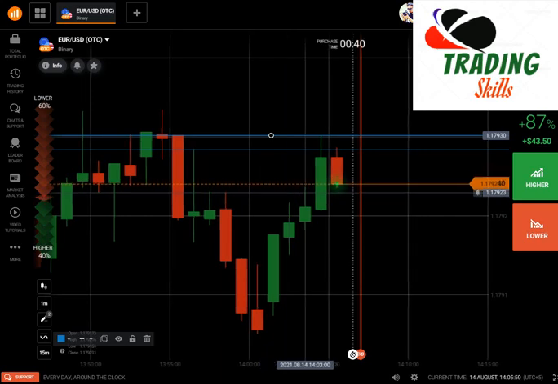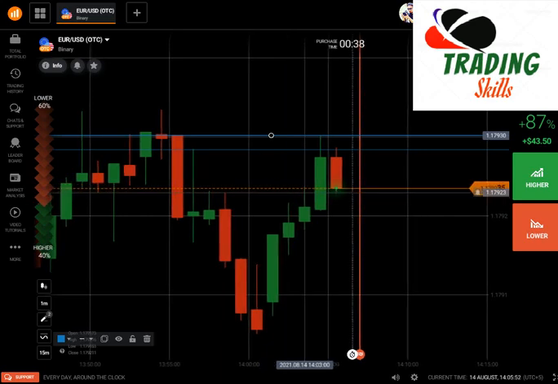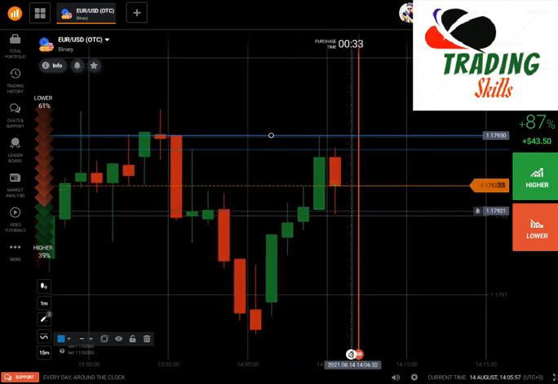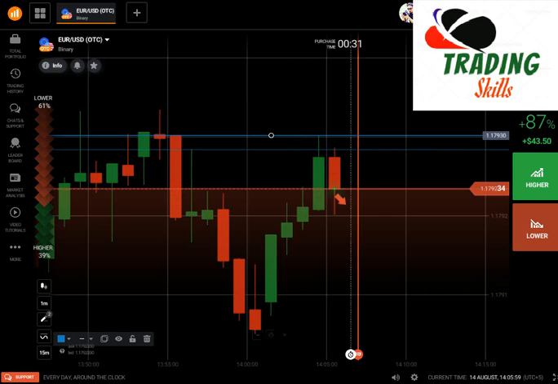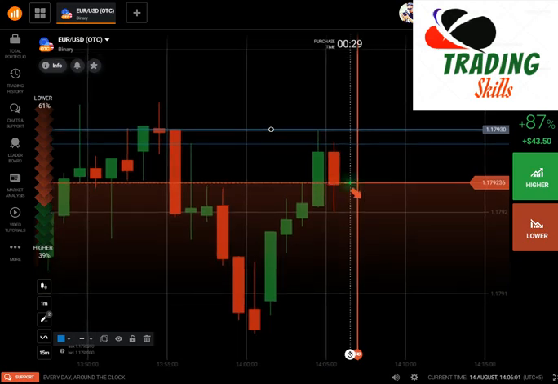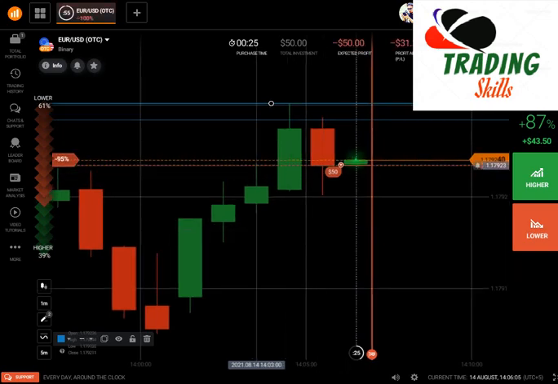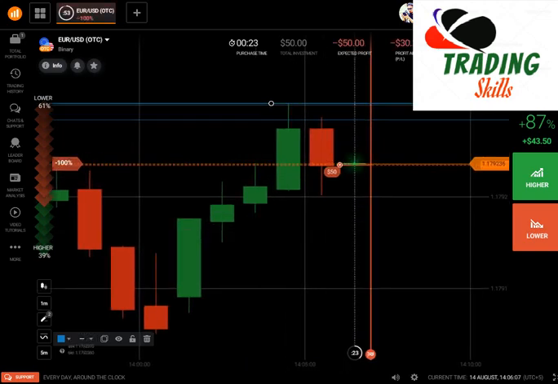Now you can see the market is coming to the level, but if I analyze the market here, where did the market close? It closed exactly at the sellers' area.